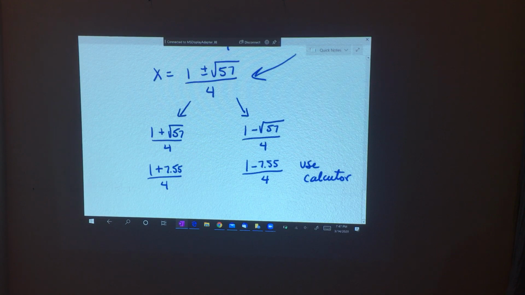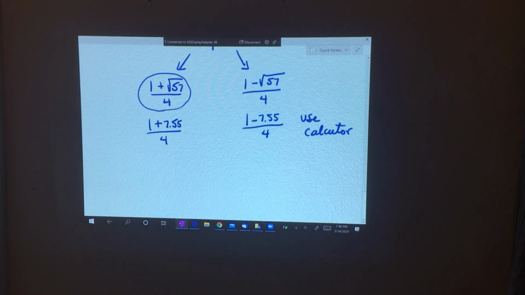I haven't decided what I'm going to do for the test yet, but I can tell you that if I saw that answer, I would accept it because I want to see whether you can use the formula, not a calculator. That is the point. Okay, so this becomes 8.55 over 4, which I'll just tell you is about 2.14. And this becomes negative 6.55 over 4, and that is negative 1.64 approximately.